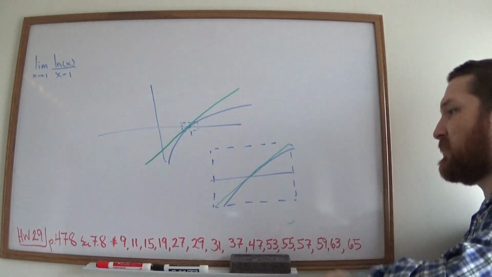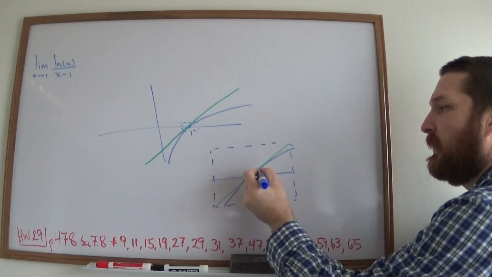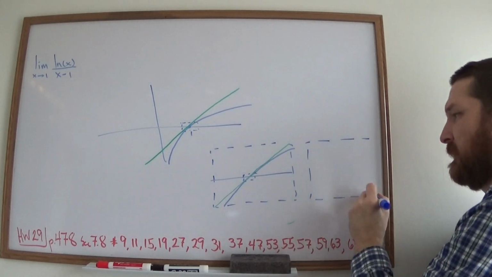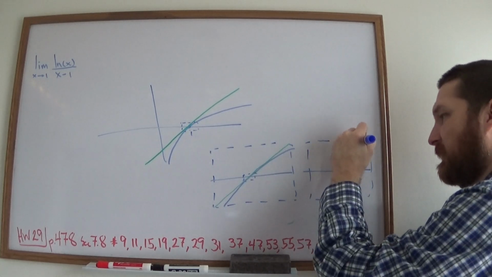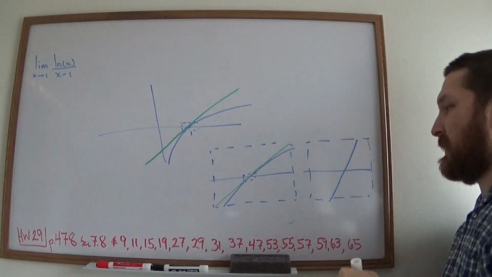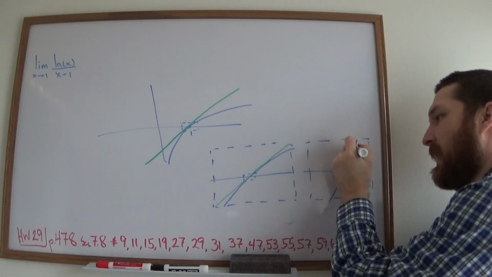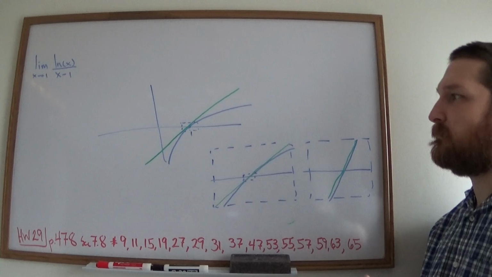Zoom in some more into here, and eventually there's not going to be any difference. He's going to look like a line, and this guy's going to be dead on top of him.